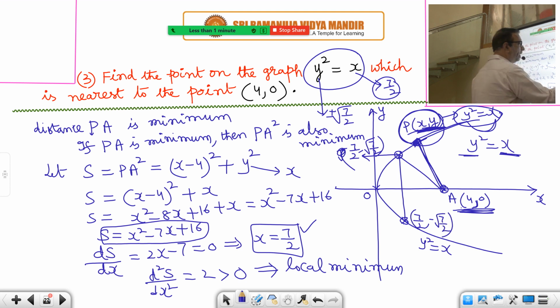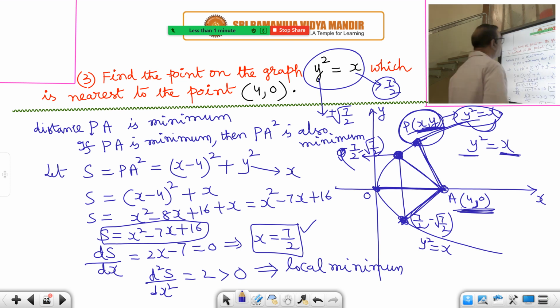So these are the 2 points, one in the first quadrant, one in the fourth quadrant. These are the points nearest to the point 4 comma 0. Origin is not the nearest point, but one point above in the first quadrant, one point below in the fourth quadrant are the nearest points to the given point 4 comma 0.